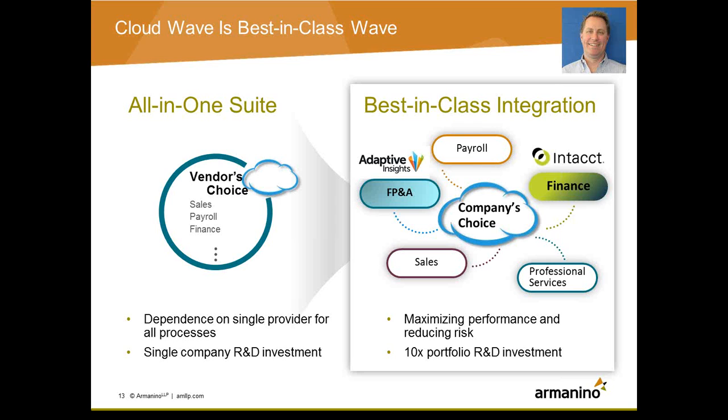Our clients find it a benefit to take advantage of the investments that Adaptive continually puts into their product year over year, as well as Intacct. They're very focused on delivering the best of what they can in their areas, versus an all-in-one suite where they have to spread their development dollars around. We're finding that to be a big differentiator in different types of systems.